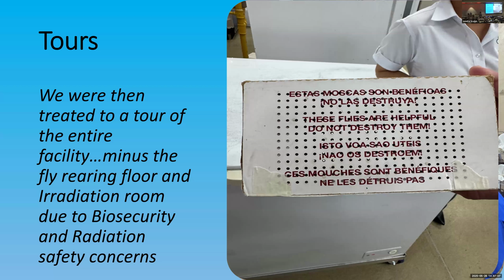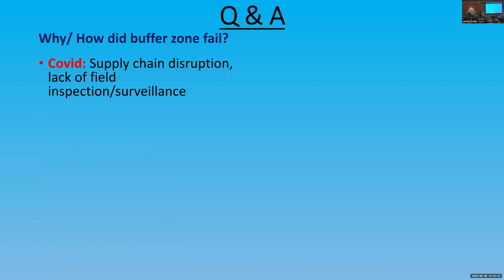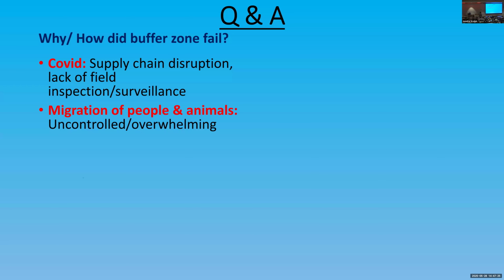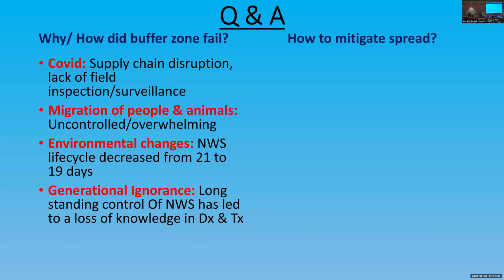Many of us remember the old boxes that we would find out in the pasture here from the fly drops. They were rectangular boxes with a big target on them. When I was a kid, we used to find them in the pasture. Again, we did talk about why it failed, and we talked about how to mitigate it.